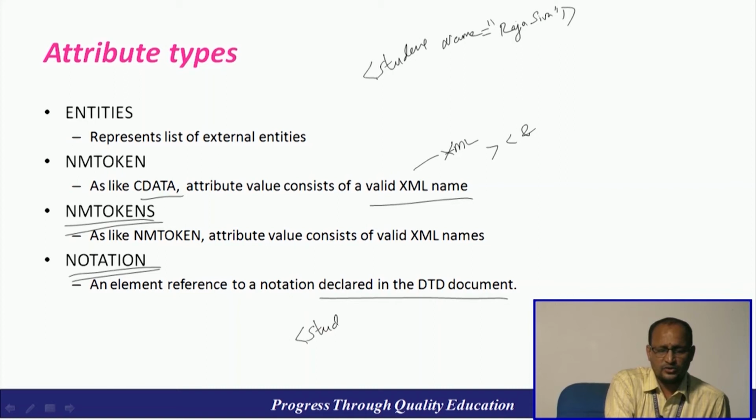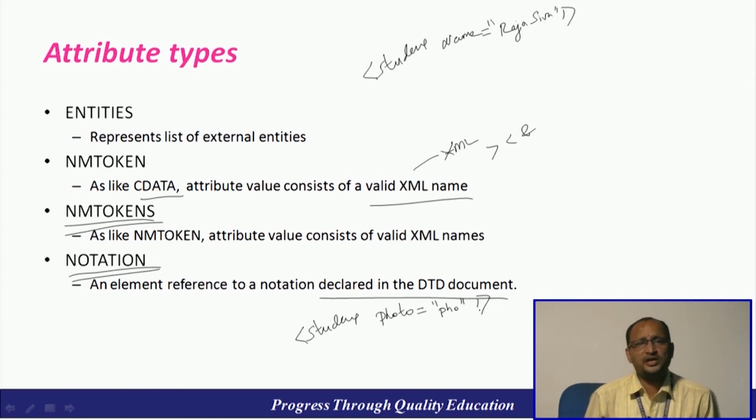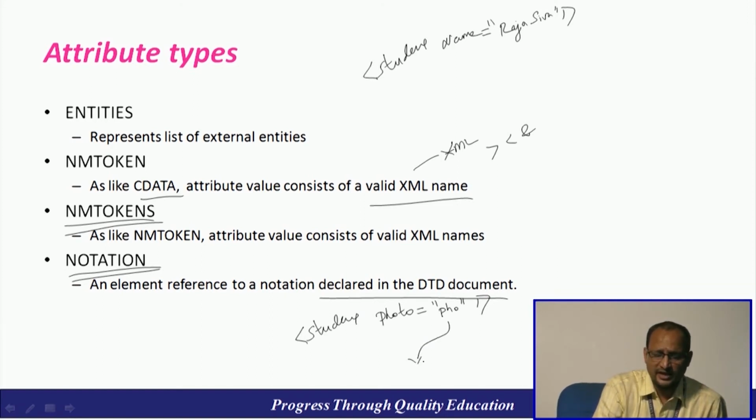Here, the student element which is having photo. The photo, I should specify the notation details. Say for example, PHO only I have given. So what is PHO? That I have to specify in the DTD. The PHO is actually a notation which will refer any binary files.